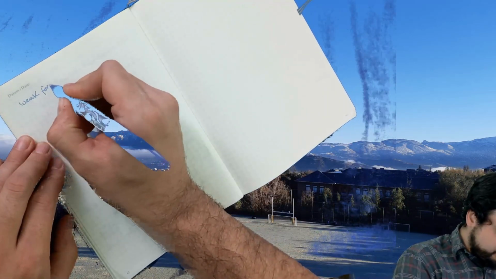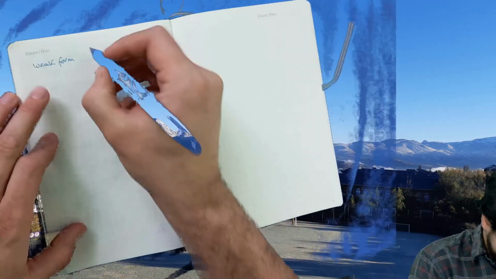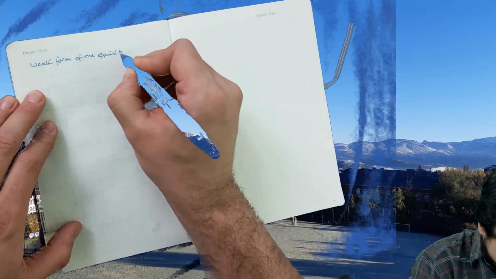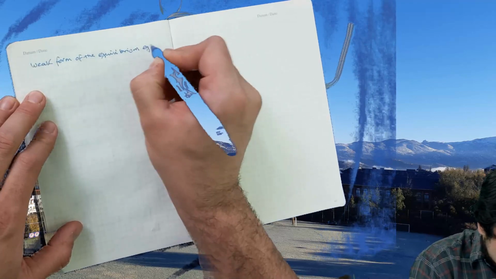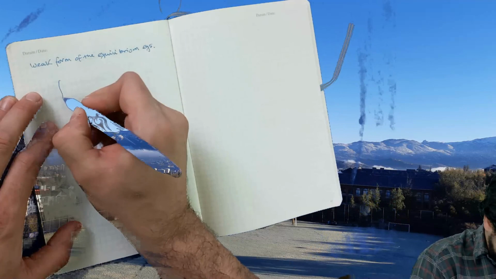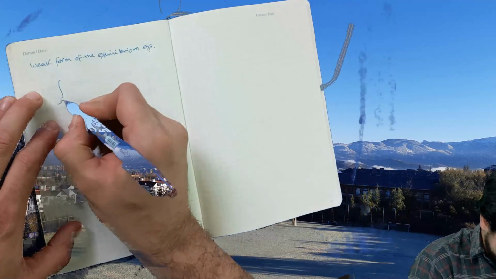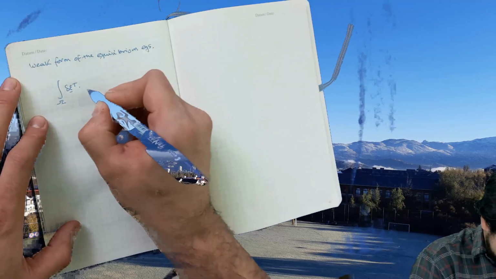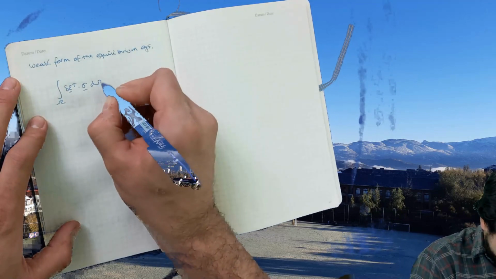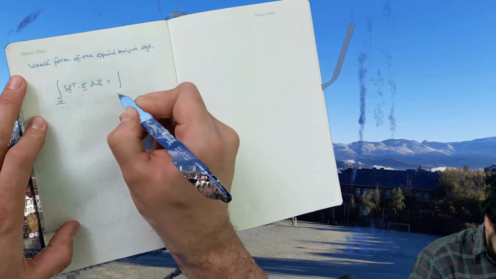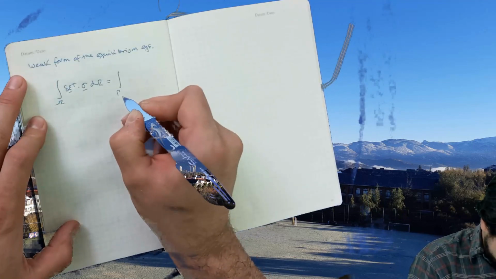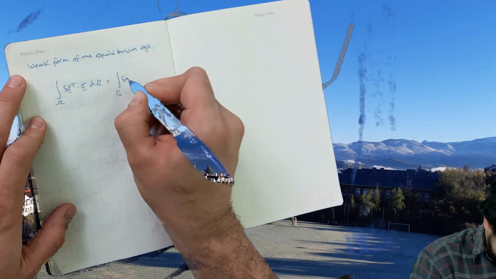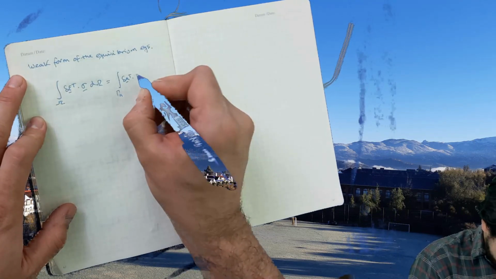So the weak form of the equilibrium equations is basically that which I have already written on the other side. Integral over omega delta epsilon transpose sigma d omega has to be equal to integral over gamma natural delta U transpose T ds.